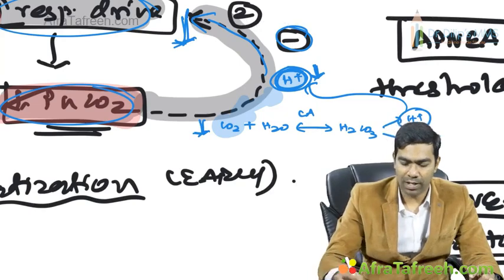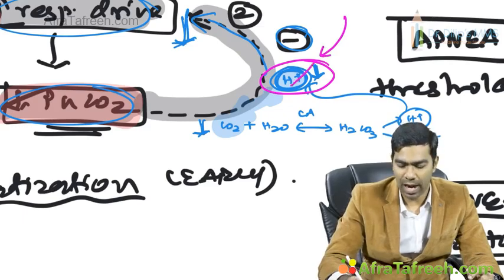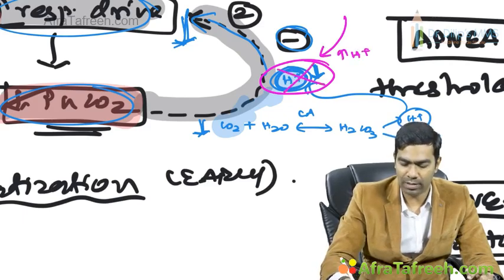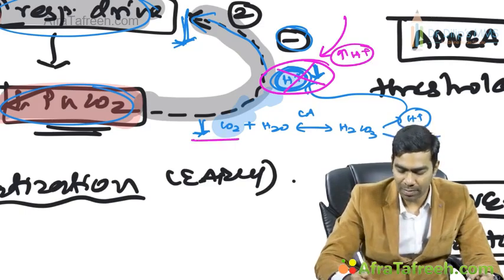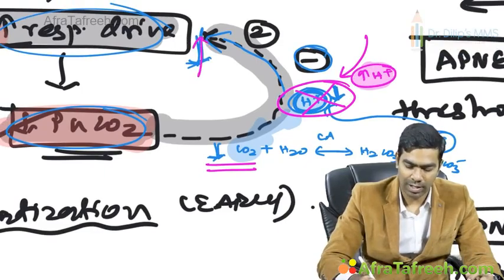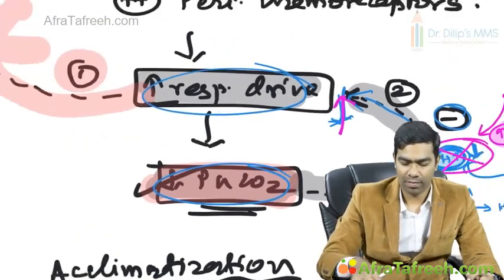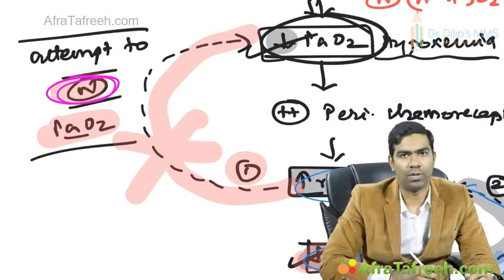Clear? But if you find a way to bypass this and increase the H+, which means even in the presence of low CO2 you increase the hydrogen ions, you can actually maintain the respiratory drive, which means you can hyperventilate and normalize the PaO2.